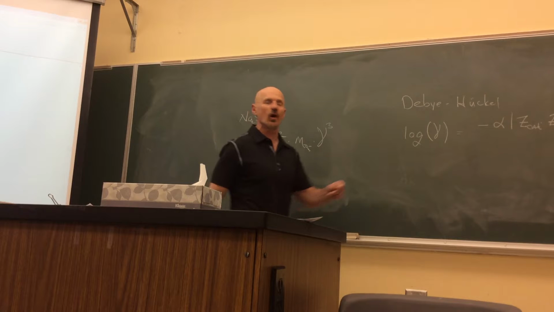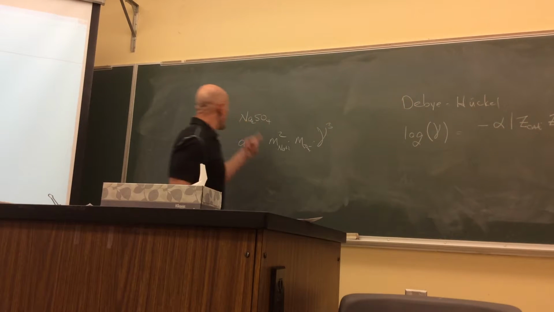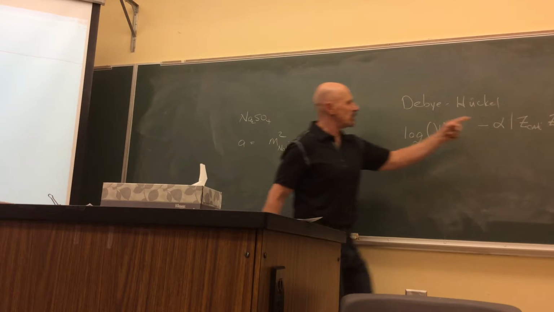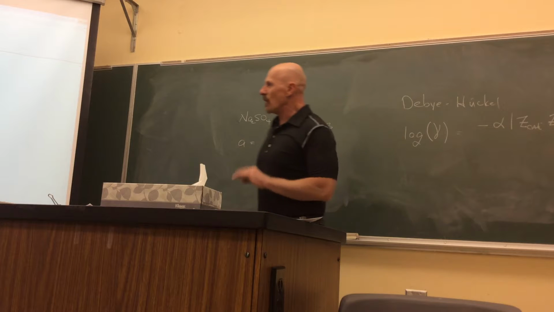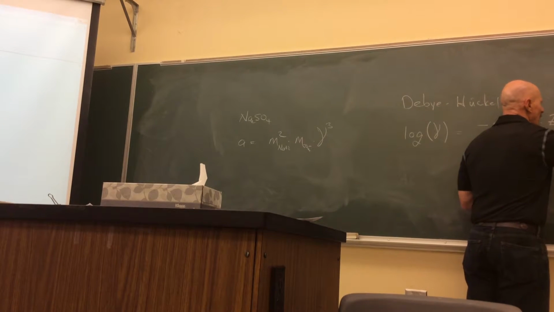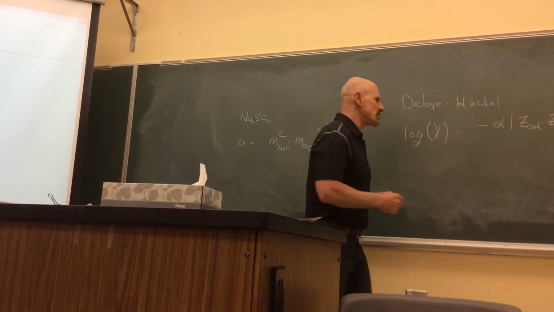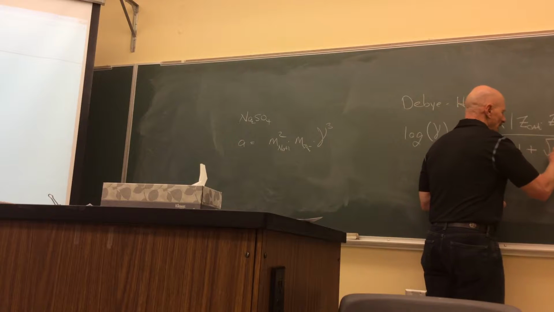So for sodium chloride, this would be 1 times 1. For sodium sulfate, this would be 1 times 2. You just put the ions in there. Then you multiply by this curious little quantity, the square root of I, which we'll talk about in just a minute, divided by 1 plus the square root of I.